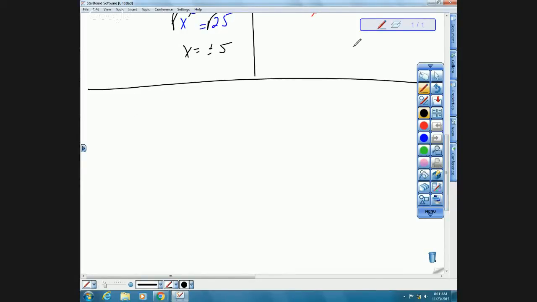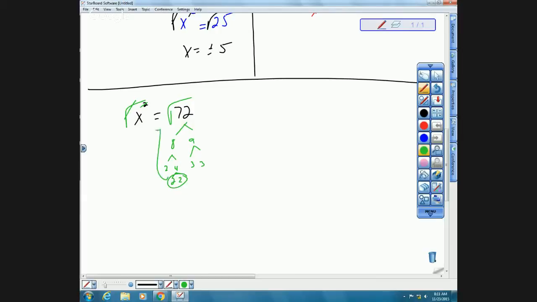So if you have a negative under the square root, you put an I. What other one? Oh, if I have this right here, again, it's still the same idea. I'm going to take the square root of both sides, but the square root of 72 doesn't break down. So that means you've got to do a factor tree or one of those.